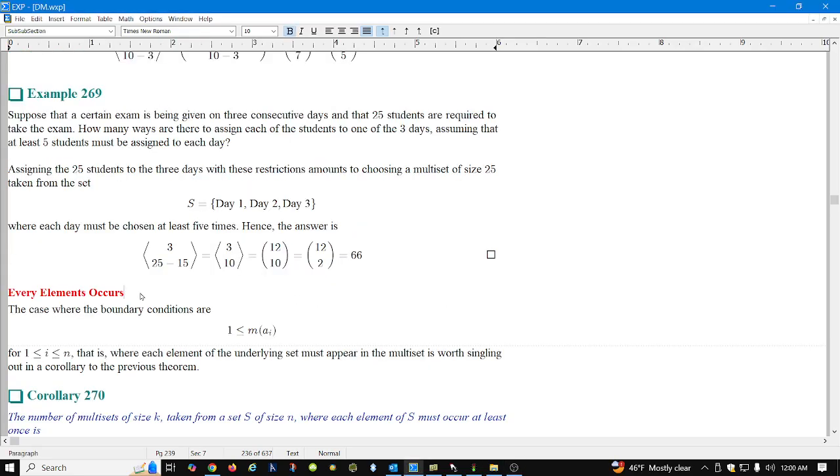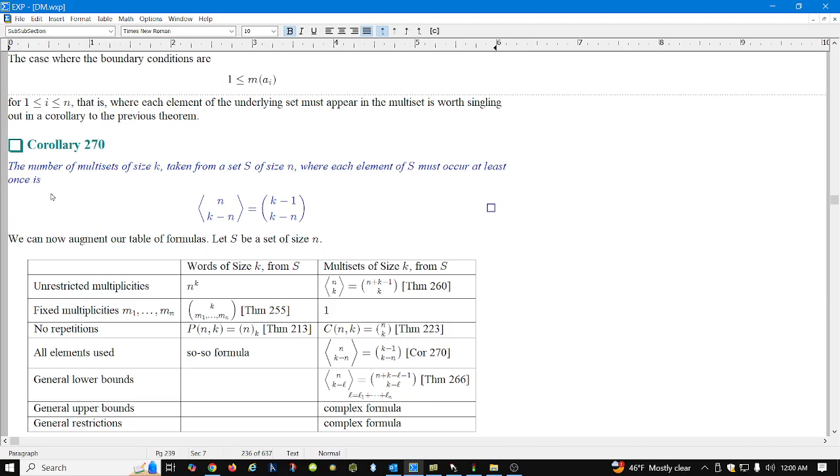There is one case we should single out, and that's where the boundary conditions are these. So this means essentially that every element of the underlying set must appear in the multiset. And so we have this corollary.